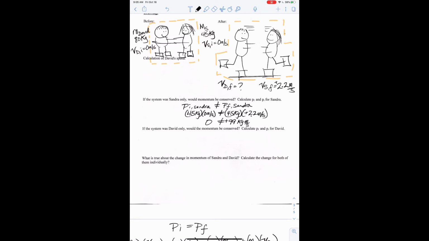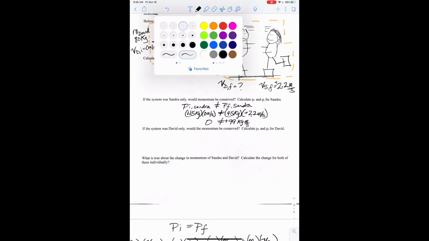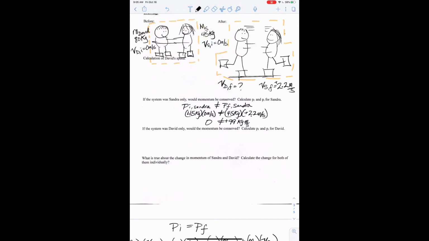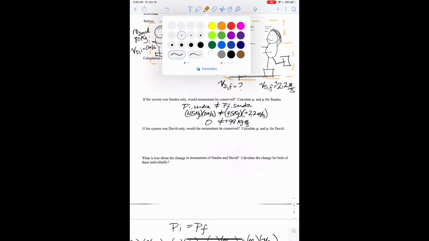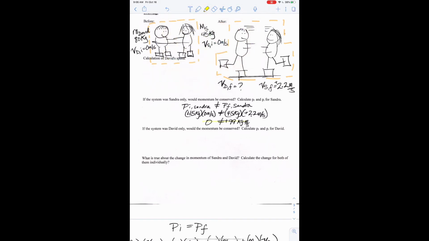Okay, well, what about David? Before I move on, the point I want to make here is that momentum is conserved if you make the system large enough. And if you don't make the system large enough, which we see right here, then momentum is not conserved.